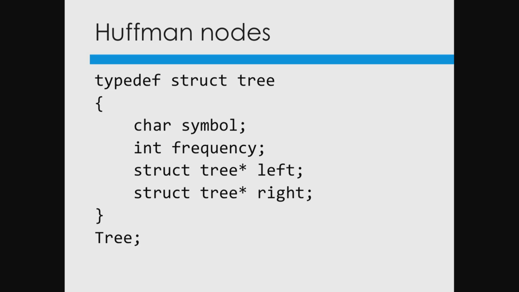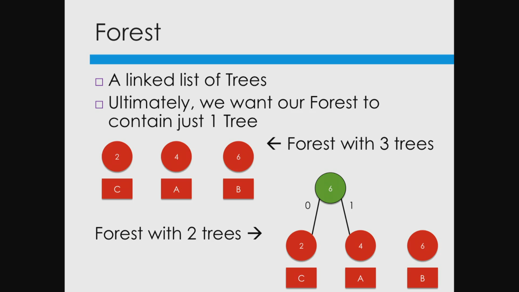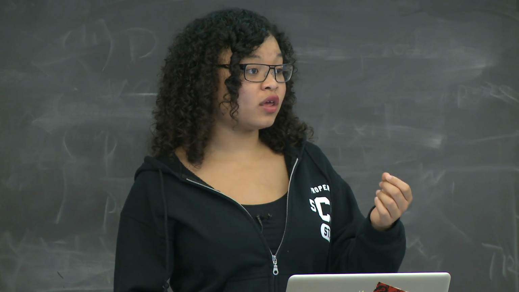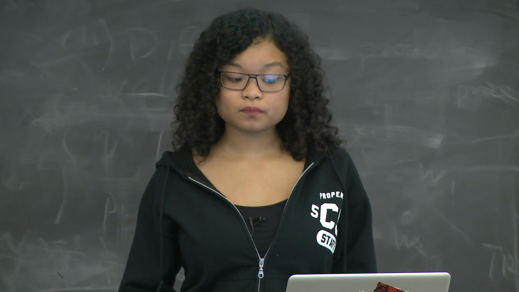And then we have a pointer to the left child as well as the right child. Okay. And then a forest, as we saw, is basically a linked list of trees. So ultimately, when we're building up our Huff file, we want our forest to contain just one tree, right? One tree, one root with multiple children.